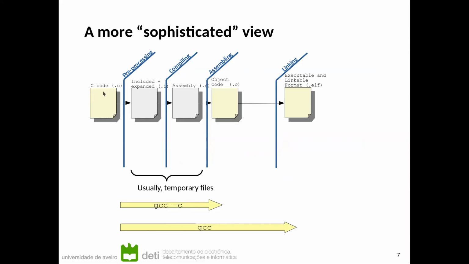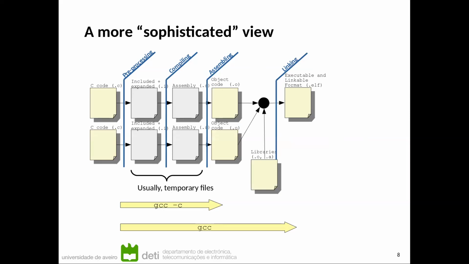It will compile the C code and generate object code. These files that were mentioned before, the included and expanded and the assembly, they are usually temporary files. They are actually created, but just temporarily, and they are deleted at the end of the process.